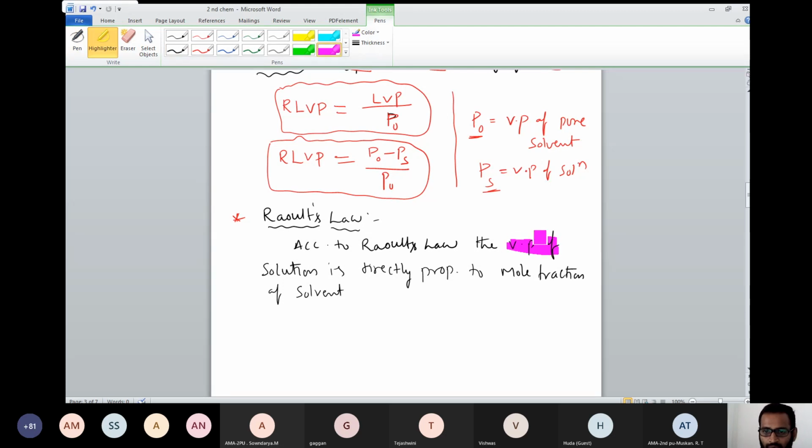Vapor pressure of this particular solution is directly proportional to mole fraction of whom? Solvent. If the solvent mole fraction is more, certainly vaporization is easy, so vapor pressure will increase. So vapor pressure of solution is directly proportional to mole fraction of solvent.